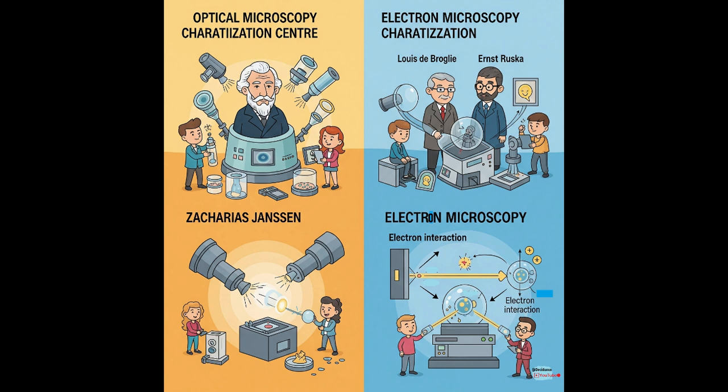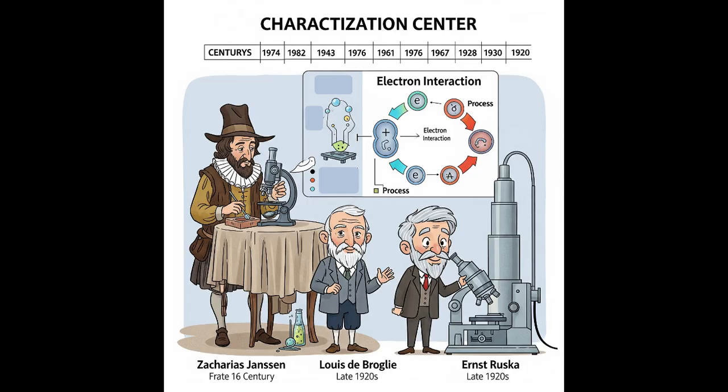But for electron microscopes, this vision, based on using electrons instead of light, only truly began to crystallize in the late 1920s with groundbreaking theoretical work by people like Louis de Broglie and later Ernst Ruska. The SEM's ideal came a bit later as it built on the principles of electron interaction.